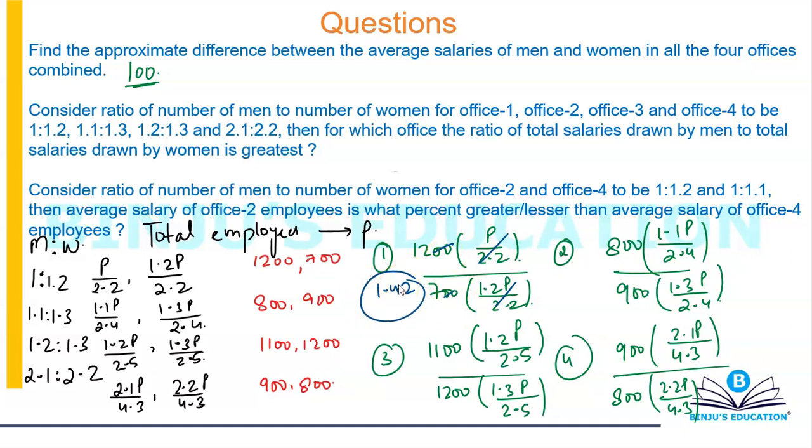First one is 1.42. Second one, again the same thing, remove this, and you can remove the two zeros also. So that's 8 into 1.1, that's 8.8, divided by 9, and then further divided by 1.3, which will be 0.752. The third one is again the same, so that's 11 into 1.2 divided by 12 into 1.3.